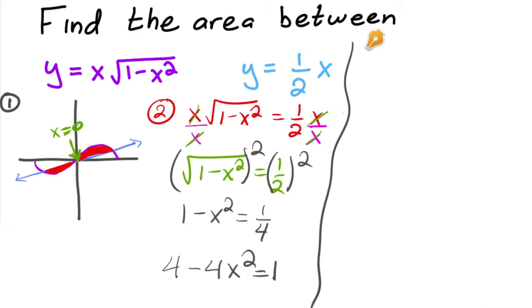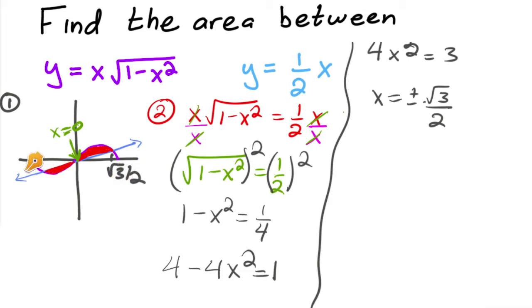Okay, so then we get 4x squared is equal to 3. And so x is equal to plus or minus square root of 3 over 2. Okay, now so that's what these values are. This is positive root 3 over 2 and negative root 3 over 2.